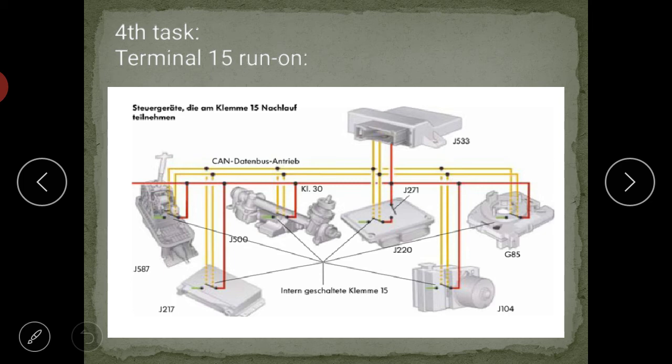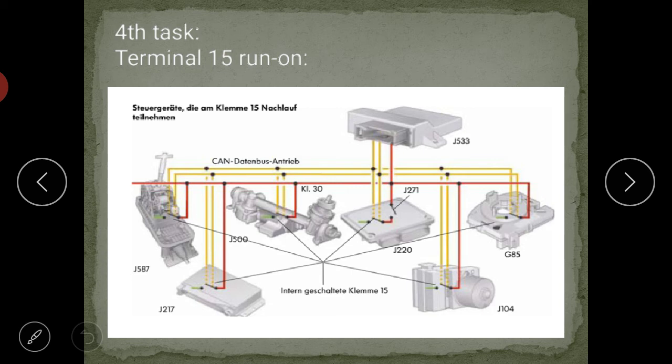Even though I switch my ignition off, some control units need to communicate with each other. For that purpose, sometimes I need to keep the power supply on to the controller. That is basically the terminal 15 operation. Normally we receive power from the K30 terminal.